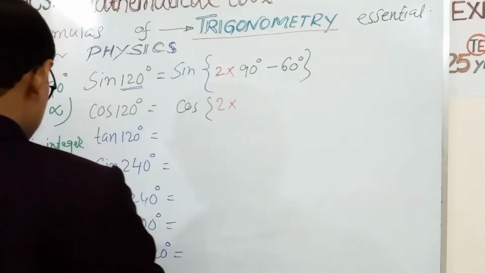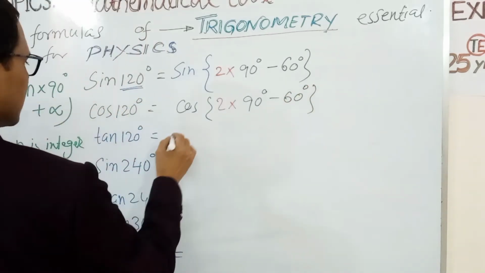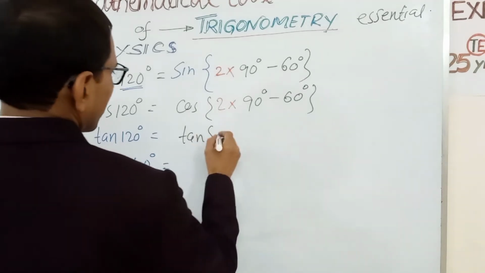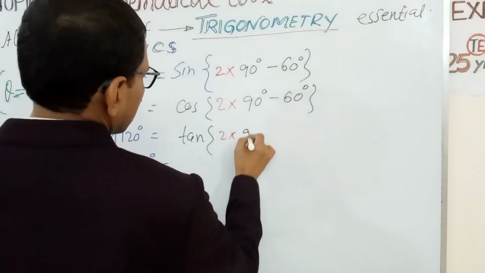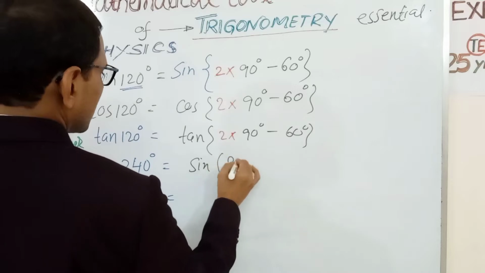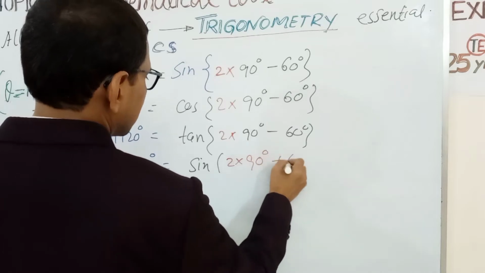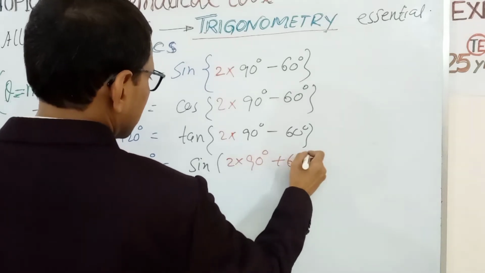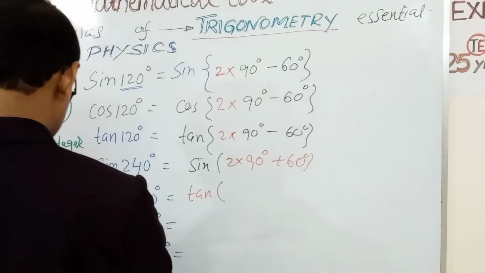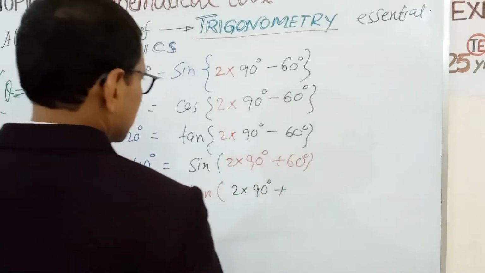minus 60 degree, and tan, this equals again 2 into 90 minus 60 degree. Sin 240 equals sin of 2 into 90 plus 60 degree, and tan also is tan of 2 into 90 plus 60 degree.